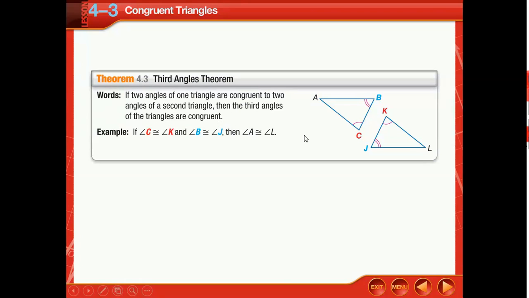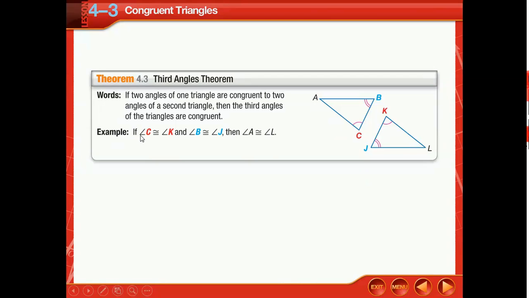You know that because all of these have to add up to 180, and these two are congruent to these corresponding angles right over here, then this third angle, whatever it is, has to be equal to this third angle right there.